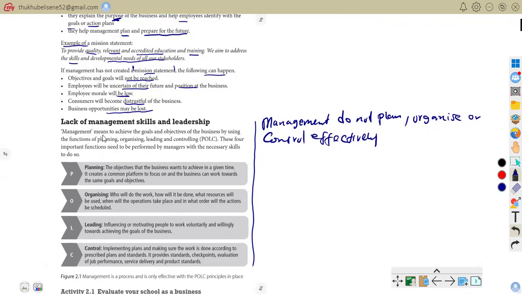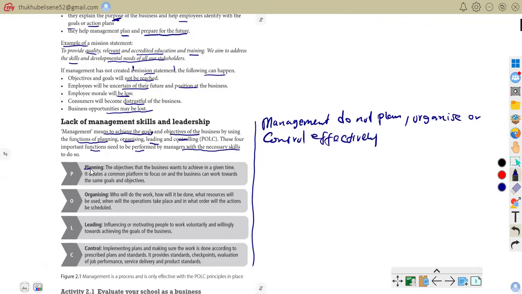Management means achieving the goals and objectives of the business by using the functions of planning, organizing, leading, and controlling. By carrying out these four functions, management will be able to achieve the goals of the business. These four important functions need to be performed by managers with the necessary skills to do so.